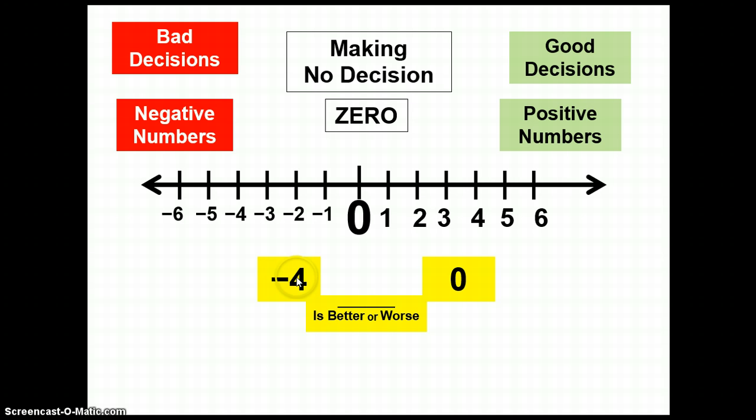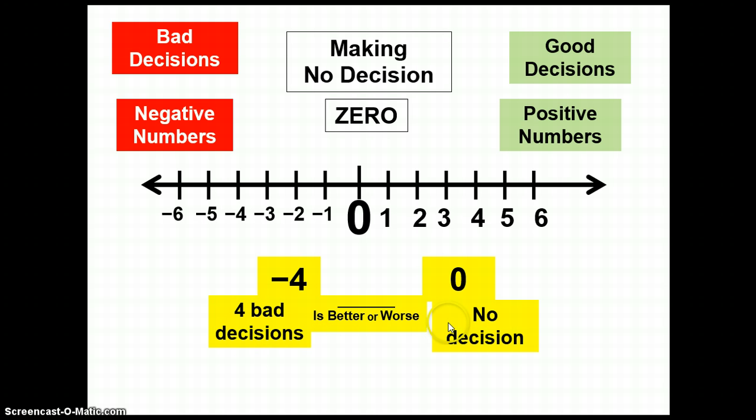Let's try another one. -4 is better or worse than 0. So is 4 bad decisions worse than no decision at all? Well, I'm not trying to get too philosophical, but think of it like this. I have a student who maybe hasn't turned in their homework, is bothering other students, is maybe destroying a textbook, maybe bugging another student in a mean way.